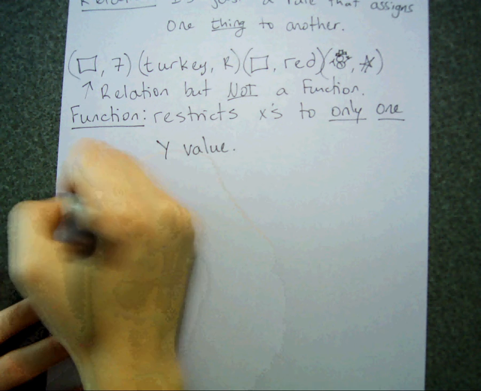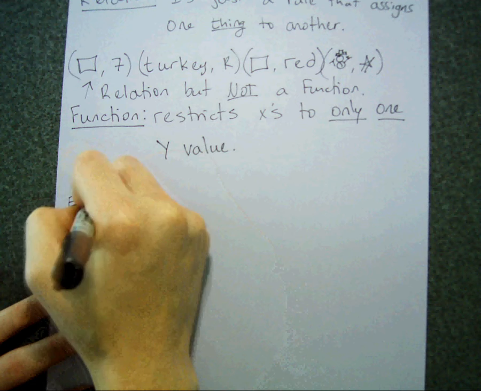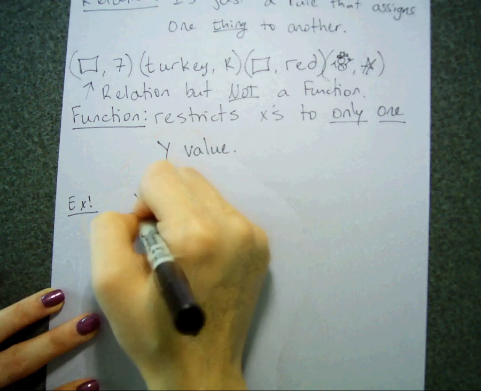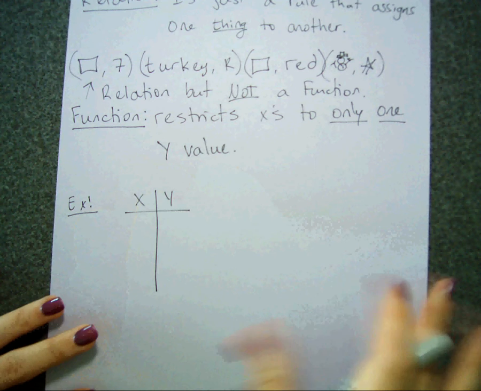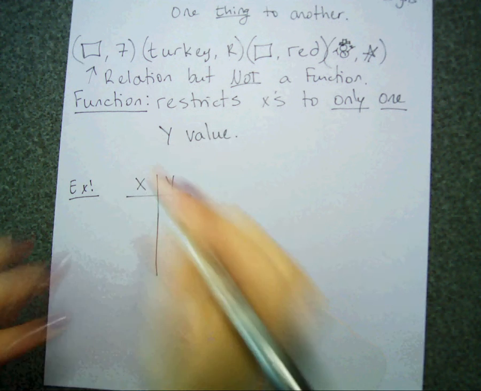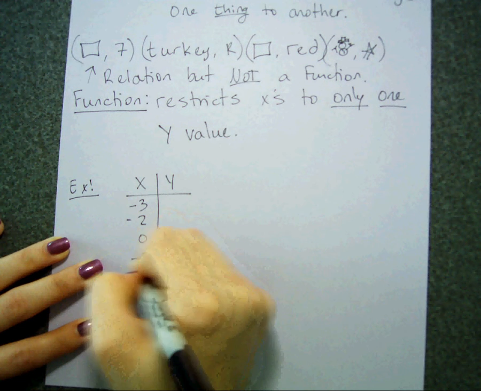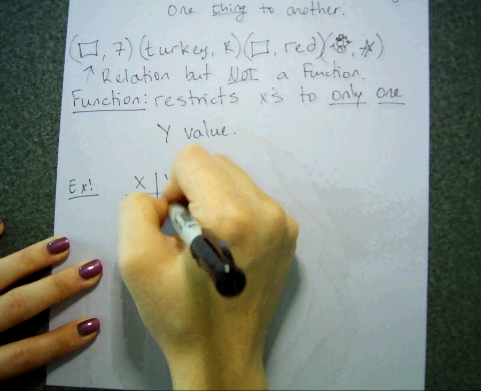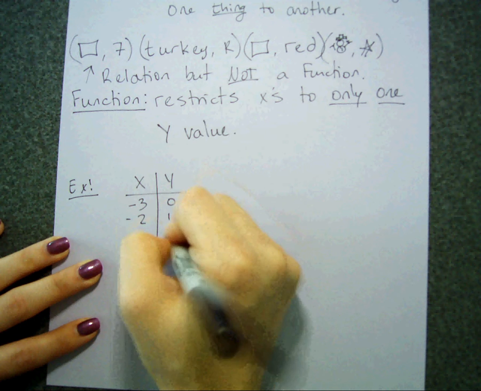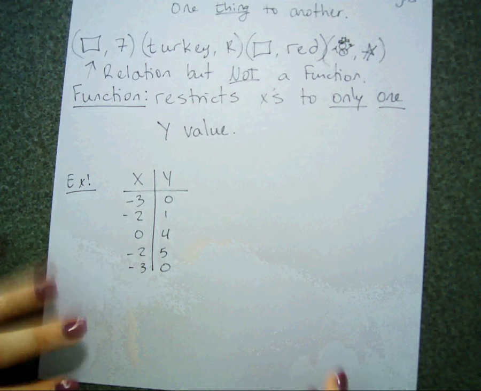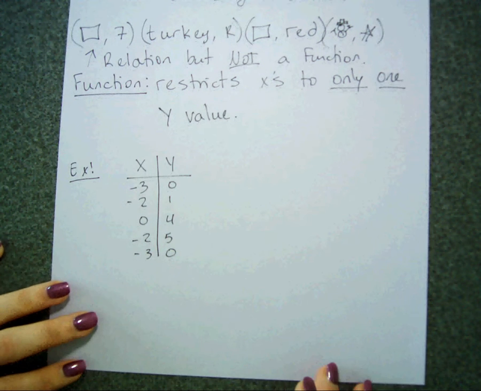So I can list my ordered pairs as a table. Alright, so I have this set of ordered pairs in the form of a table.